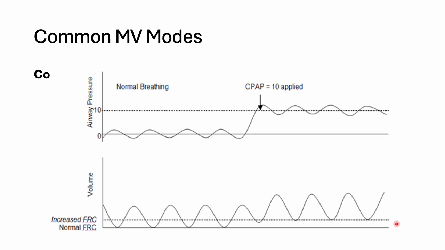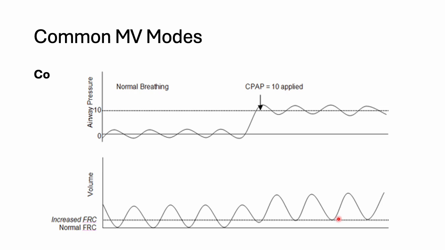Even though it's also termed as CPAP, this is also the baseline pressure, the positive end expiratory pressure, or PEEP. It increases FRC, which means it helps to prevent atelectasis from happening at the end of exhalation, and therefore it also helps to increase the surface area for gas exchange and therefore optimizing oxygenation.